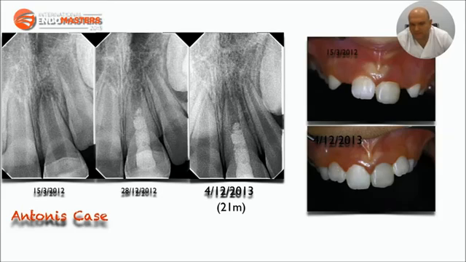You still believe this is a clinical success? Still the tooth is asymptomatic without any signs of infection. However, I can detect that something is going on at the apex of the immature root.